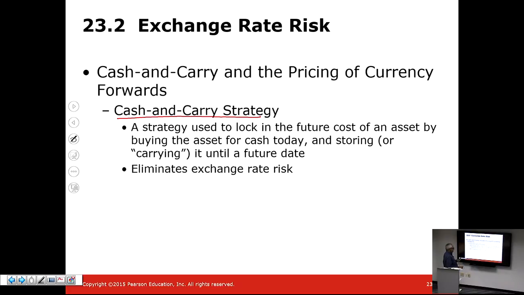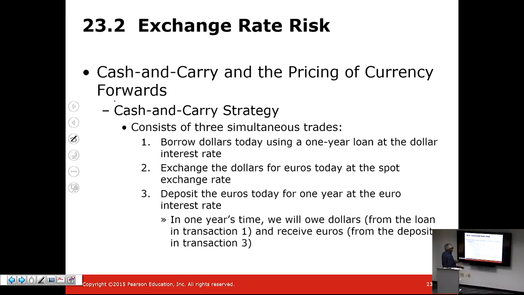The cash and carry transaction can be done in such a manner as to eliminate any future fluctuation in exchange risk. And if both transactions lead us to the same point in the future, then we can view them as equivalents, and using the equivalence approach, we can price the forward currency. So let's take a quick look at this.